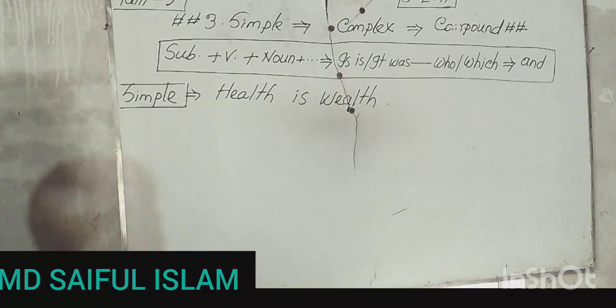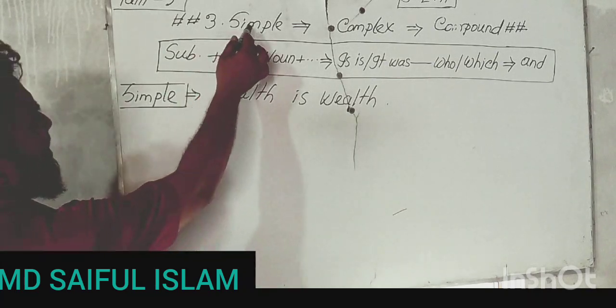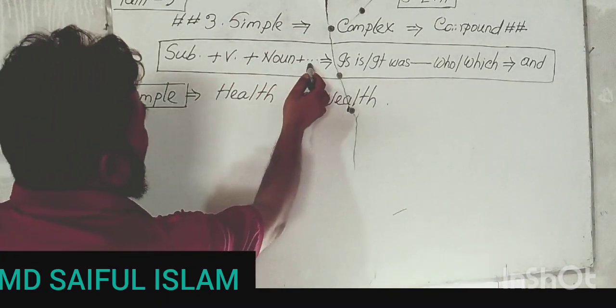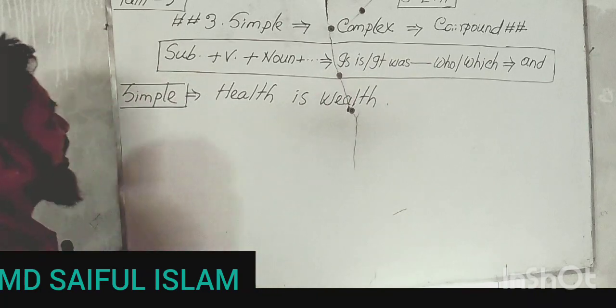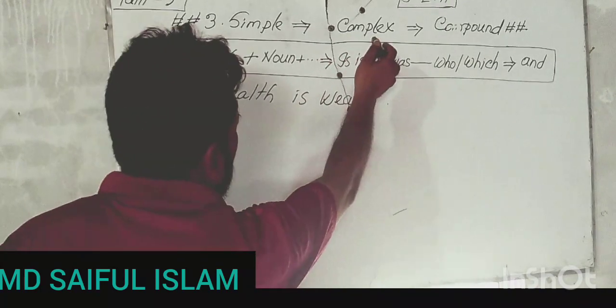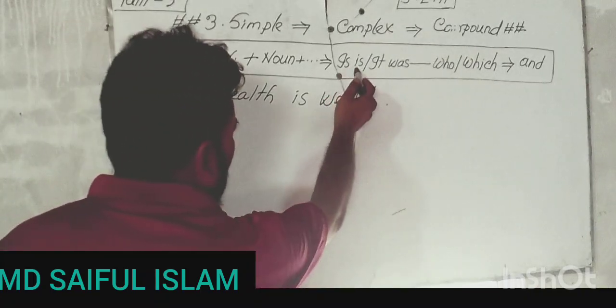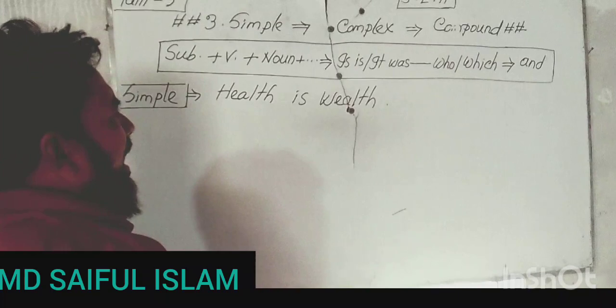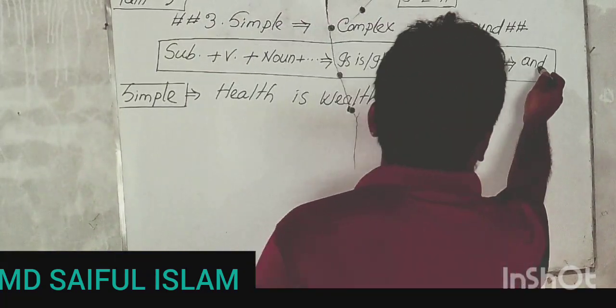I have written in the middle of the box, my dear learners, that in a simple sentence, subject plus verb plus noun, and so on, is equal to, what is the relationship, this structure of a complex sentence. Of course, it is, it was, who, which, and for a compound sentence, and.